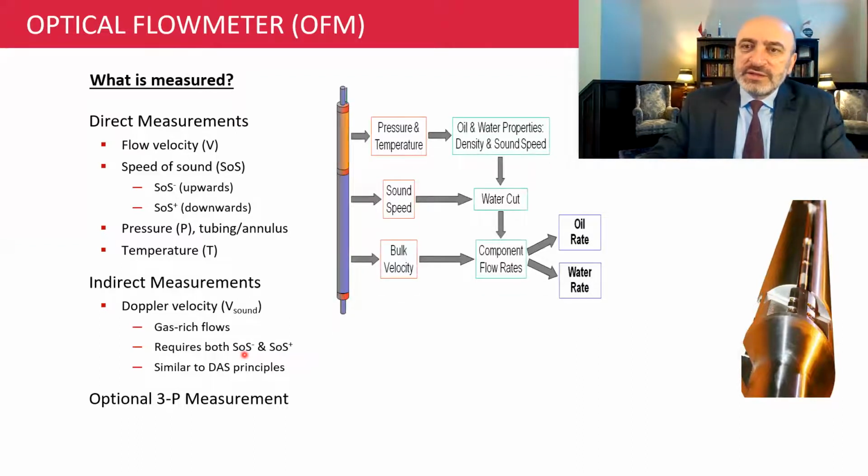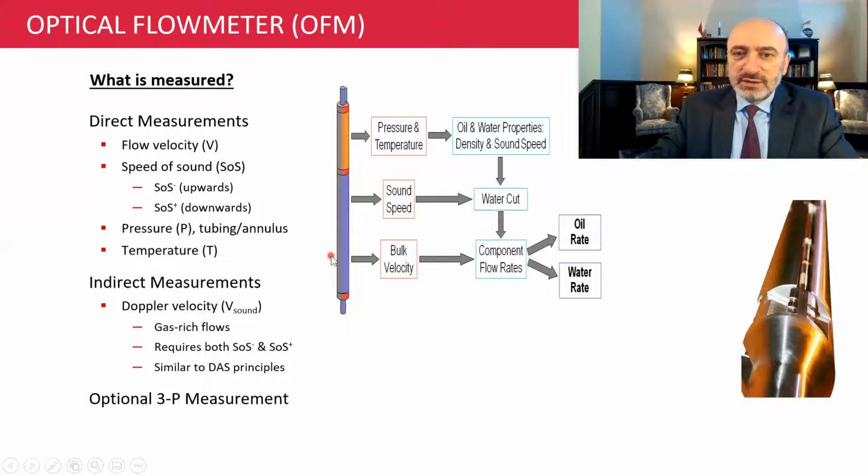So why do we need these measurements? Let's look at this by going through a two-phase example, an oil-water mixture. We need pressure and temperature because we would like to know the density and viscosity of the phases at the location of the flow meter. We need the mixture sound speed measurement by the flow meter to determine the phase fraction, in this case, the water cut for an oil-water mixture.